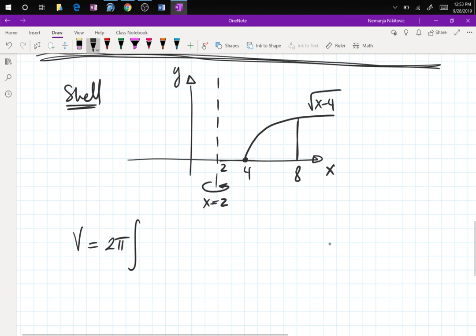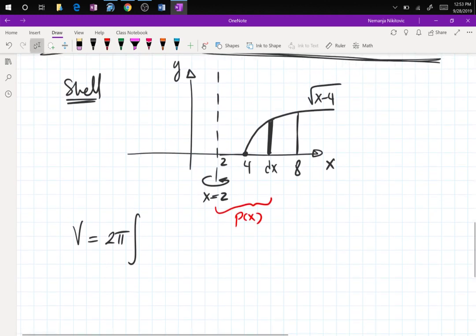So now you have your position. Position is measured from the axis of rotation to the location where the representative rectangle dx is, right? So this is where the dx is, and this is going to be your p of x, right?